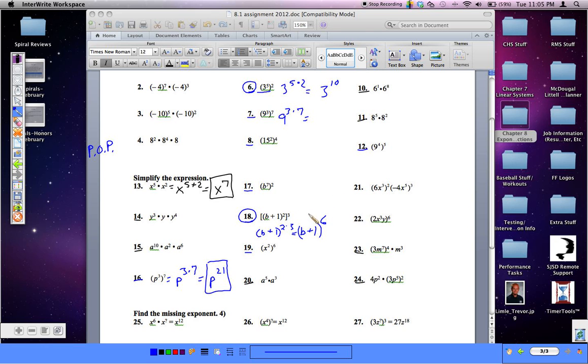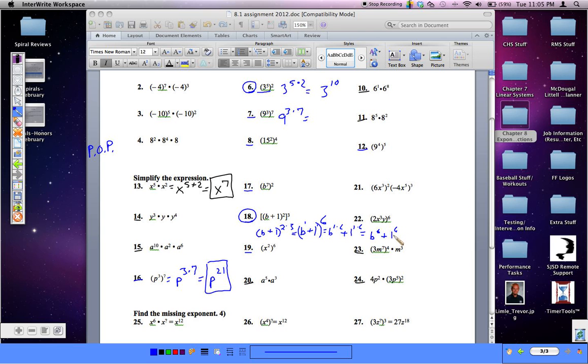Now, because b has an exponent of 1 and 1 has an exponent of 1, what happens here is the power goes to that power, which means 1 times 6 plus 1 to the power of 1 times 6, and that all simplifies and reduces down to be b to the 6th power plus 1 to the 6th power.